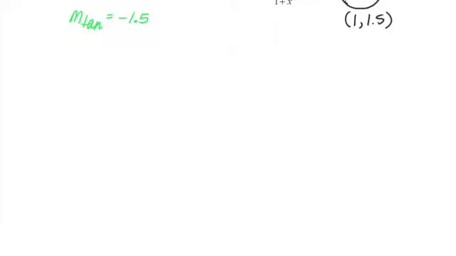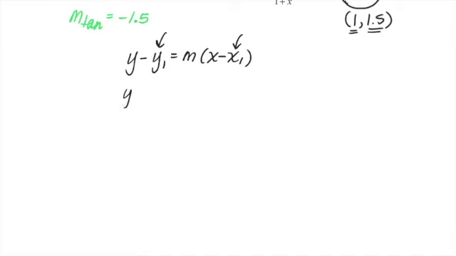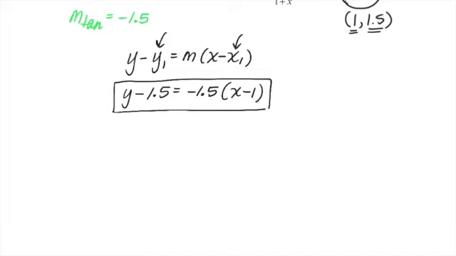So I find it's easiest to write your equation using the point slope form of a line, which remember is y minus y1 is equal to my slope times x minus x sub 1, where the x sub 1 and y sub 1 are the coordinates of the point that you know. So in this case, we would have y minus 1.5 equals my slope, which was negative 1.5, times x minus 1. And in my class, this is a perfectly acceptable answer.